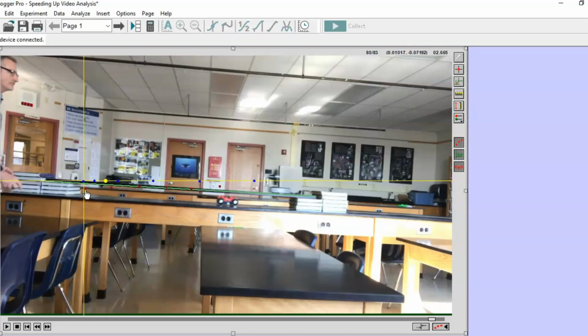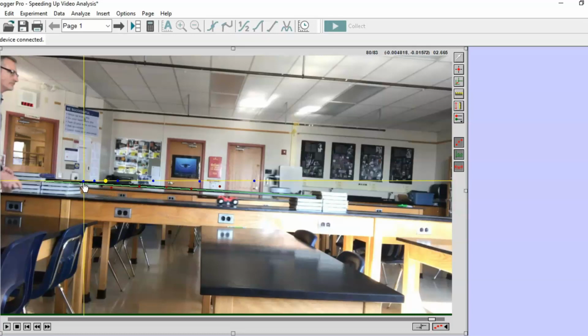The red dots represent the position of the dune buggy every half second. 0 seconds, half second, 1 second, 1.5 seconds, 2 seconds. So if we look at the dune buggy's dots, we notice that they are equally spaced. That means every half second the dune buggy covers the same distance or has the same displacement for every half second. And that's the characteristic of constant velocity.